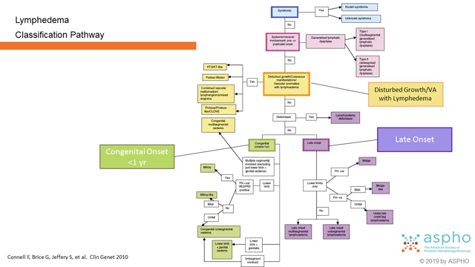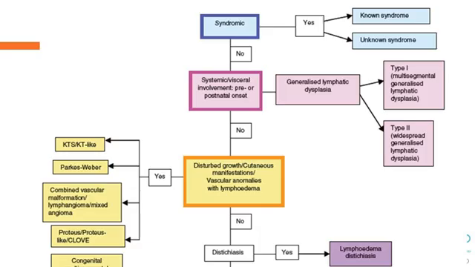So let's walk through the classification pathway for primary lymphedema together. First, starting at the top, we ask if the patient has a known syndrome. In the case of both of these patients, the answer is no. Similarly, we ask if the patient has a systemic or visceral involvement.